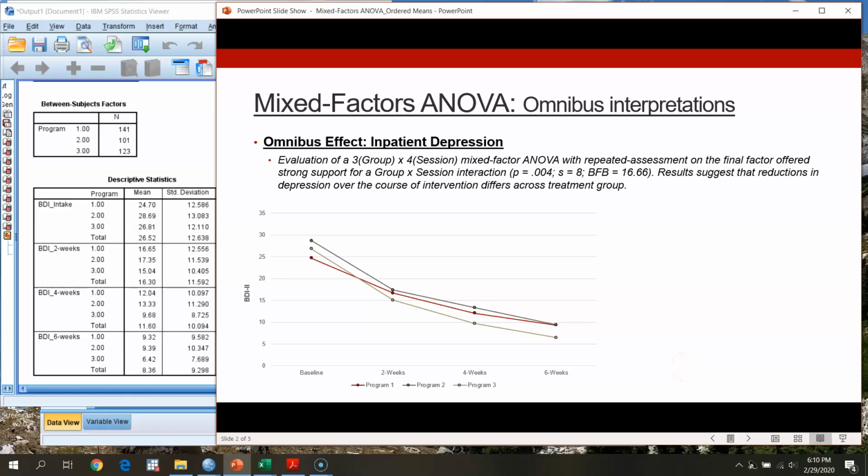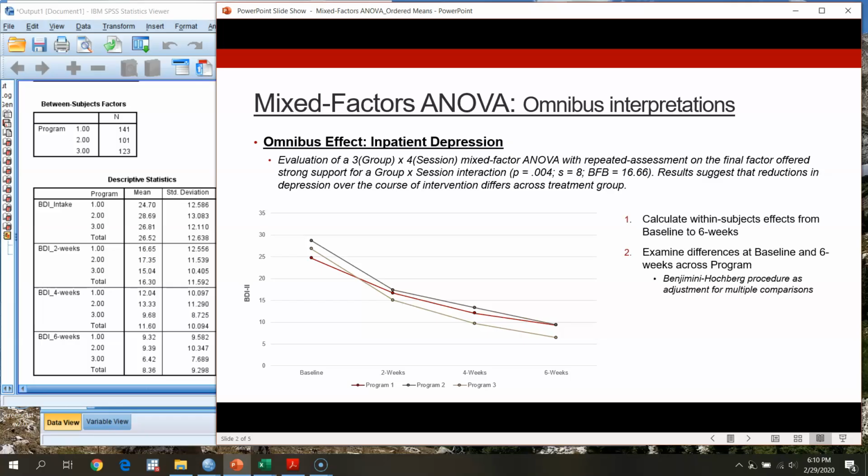So in terms of thinking about how we're going to go through and start probing this between by within interaction, what we could do is say, well, we're going to calculate within subject effects from baseline to 6 weeks for each group. So that's going to be 3, we'll call these a priori contrasts or tests to look at the magnitude of reductions over the course of treatment.